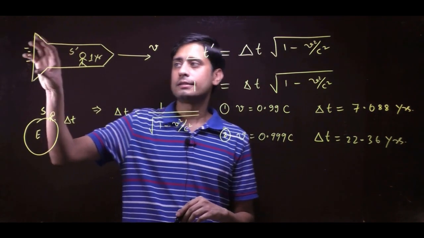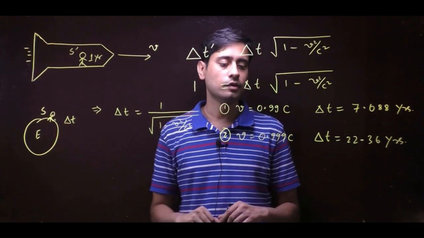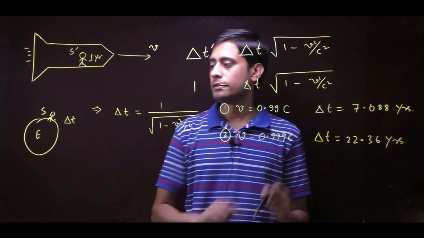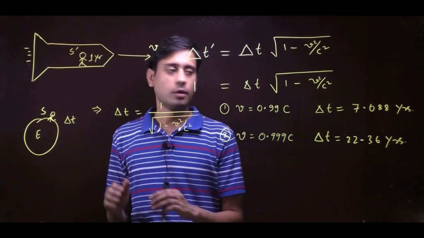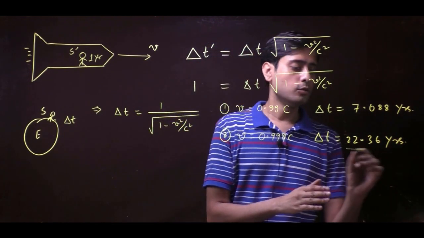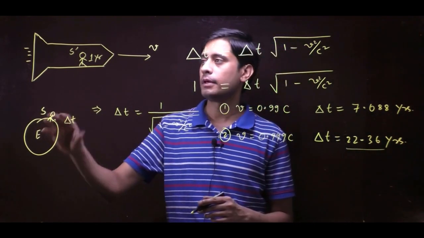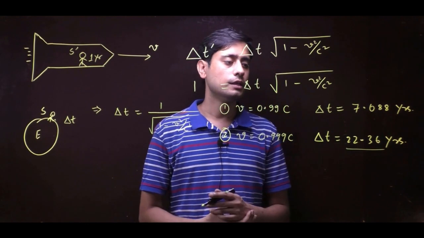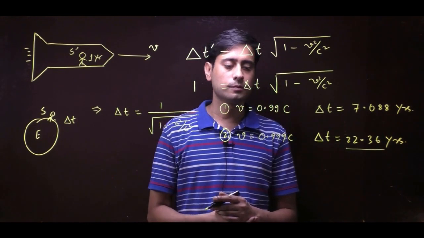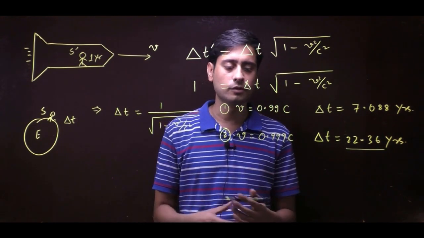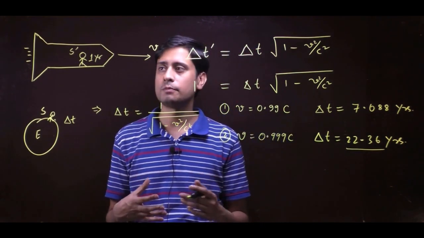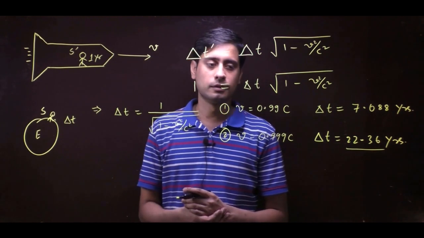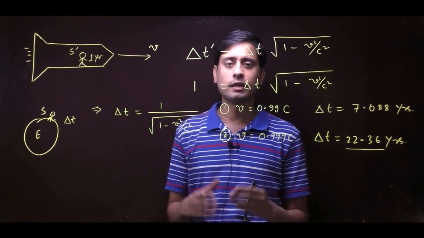that when this spaceship is moving with such a high speed, then the time slows. On Earth approximately 22 years have elapsed, but in the spaceship only 1 year has elapsed. So this may surprise you. You will think there must be a problem with the clock, like some mechanical fault.